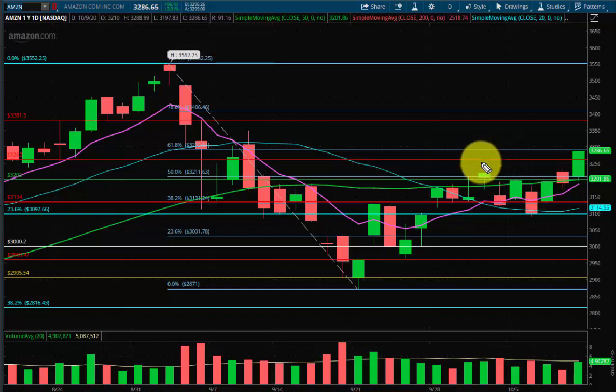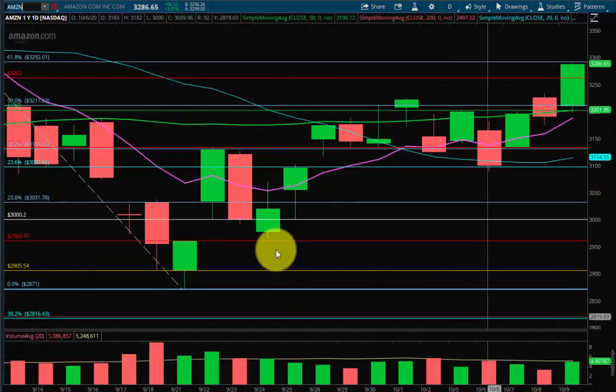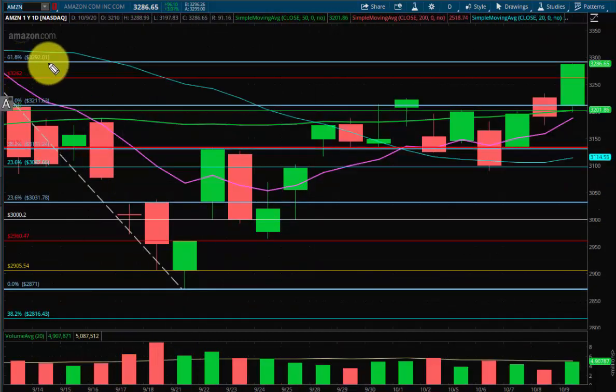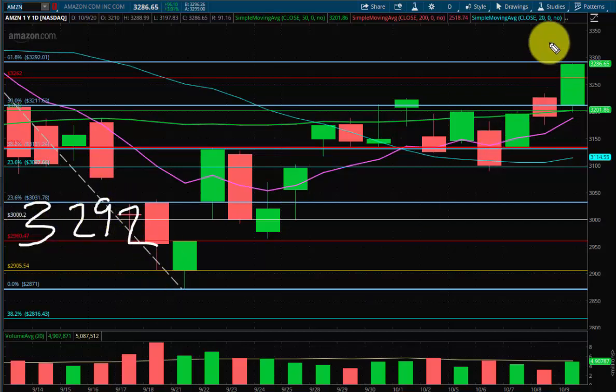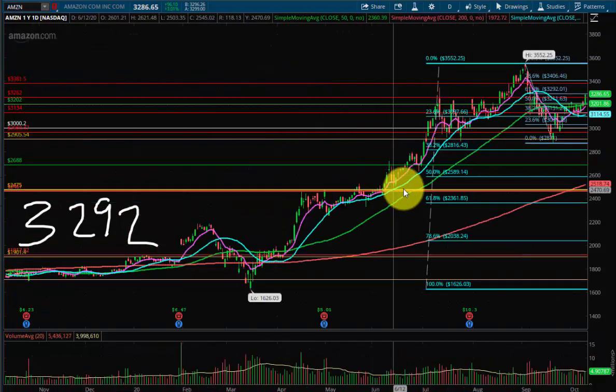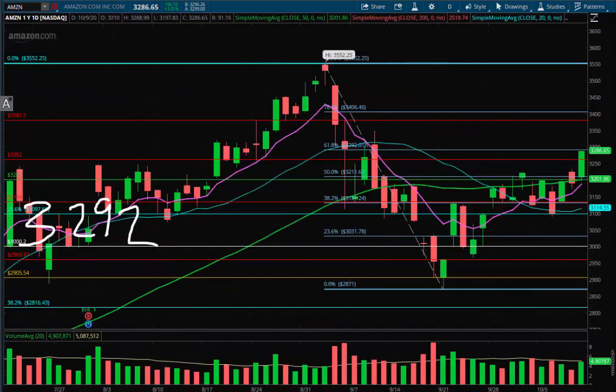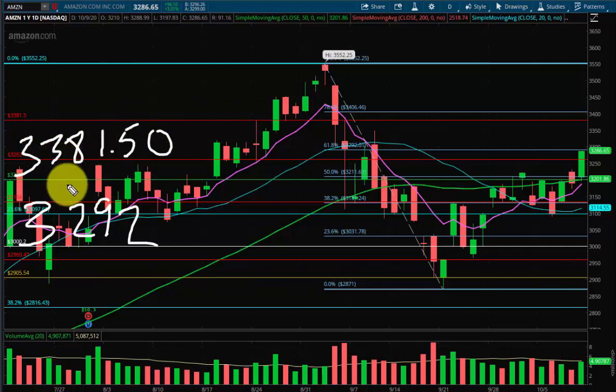So that being said, if this thing can clear the next fib, which is the 61.8, so you can see it's a little more overextended than the other movers, but if it can clear 32.92, then we've got plenty of upside here. Should be a much bigger move up to 33.81.5. Now, to be clear, that is 32.92 to the 3,300. So there's still a lot of meat on the bones there.